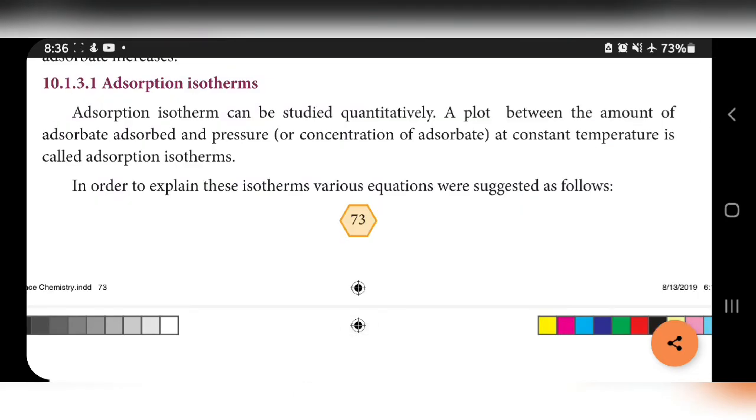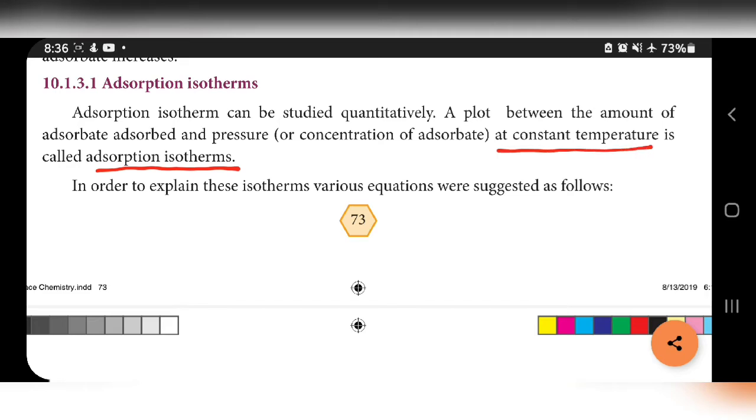Next heading, adsorption isotherms. Adsorption isotherm can be studied quantitatively. A plot between the amount of adsorbate adsorbed and pressure at a constant temperature is called an adsorption isotherm. Iso means same, therm means temperature.